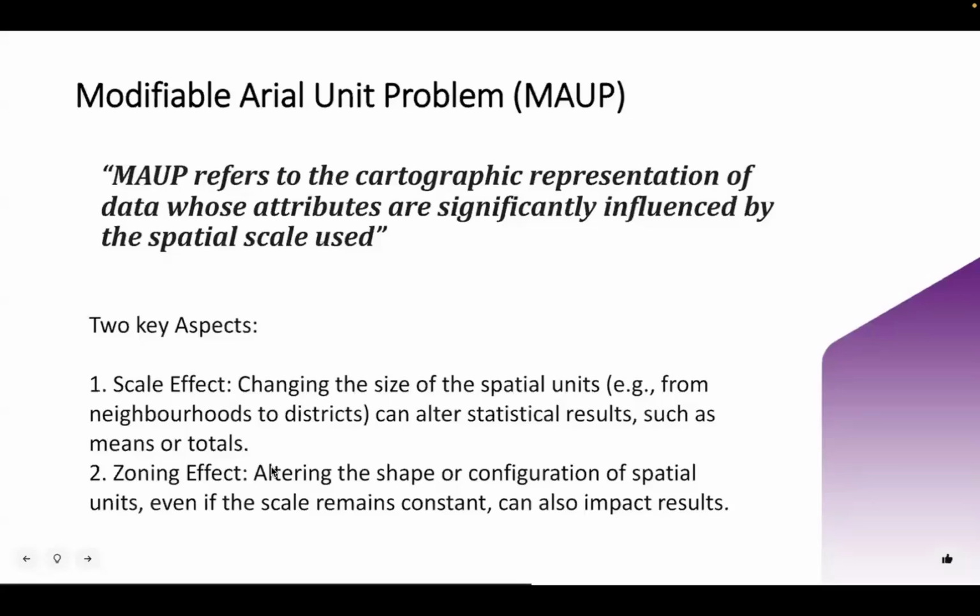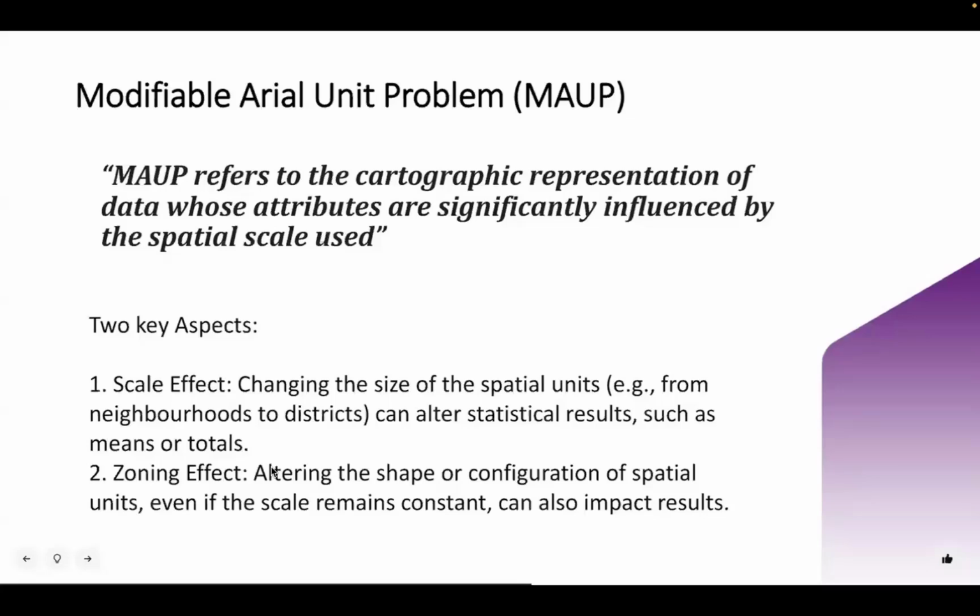There are two aspects to understanding the MAUP, and this is the scaling effect and the zoning effect. The zoning effect is also known as the aggregation effect, just in case you have heard those phrases. The scale effect is simply changing the size of the spatial units, so from neighborhoods to districts, which can then alter your statistical results, such as the means or the totals, right?